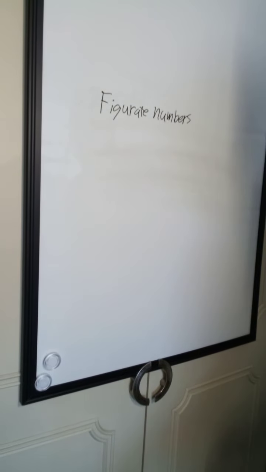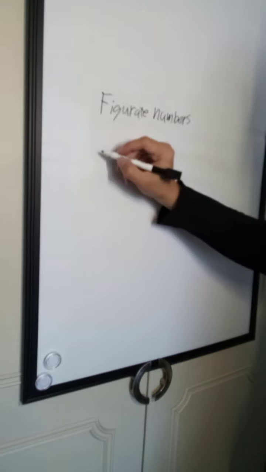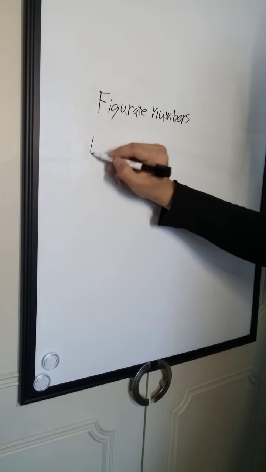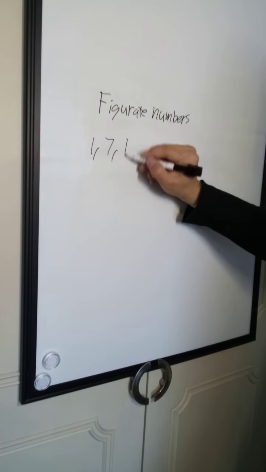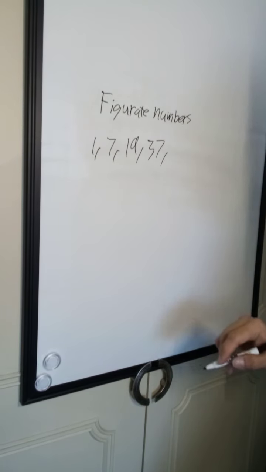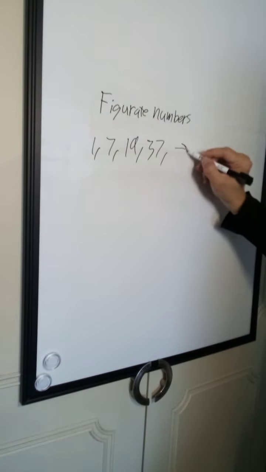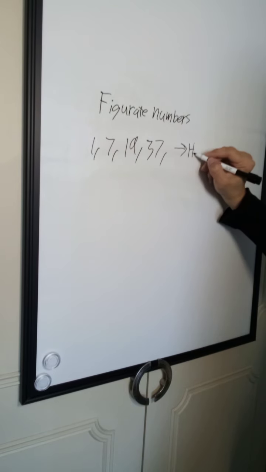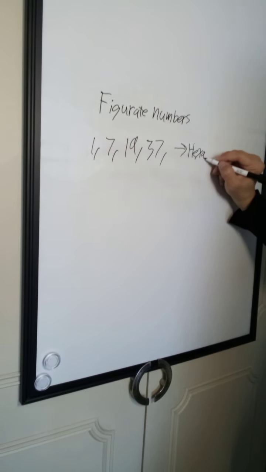In addition to those figurate numbers, there's also what are known as hexagonal numbers. 1, 7, 19, 37, etc. Those are more formally known as centered hexagonal numbers.